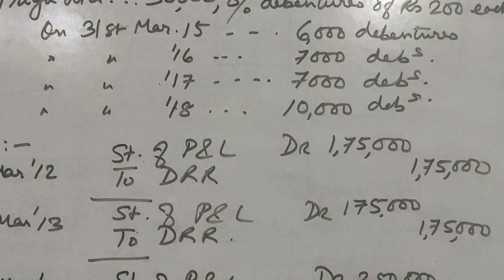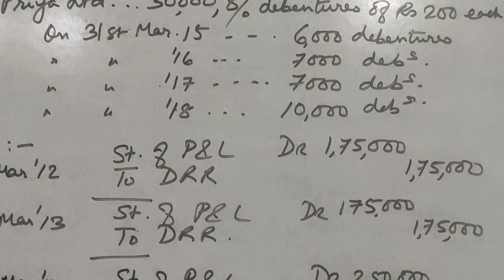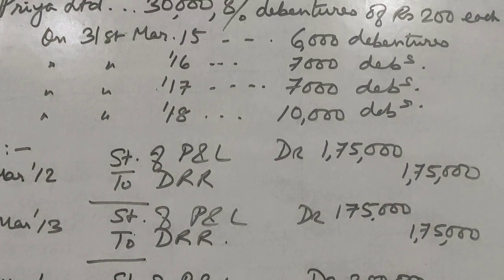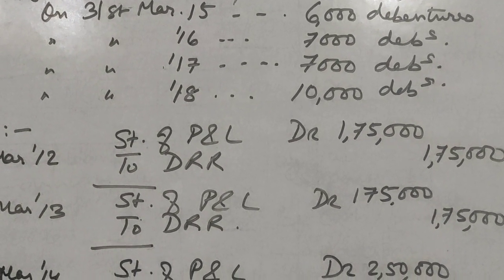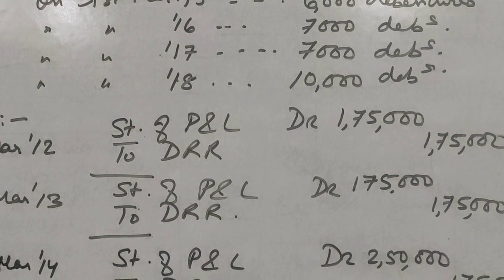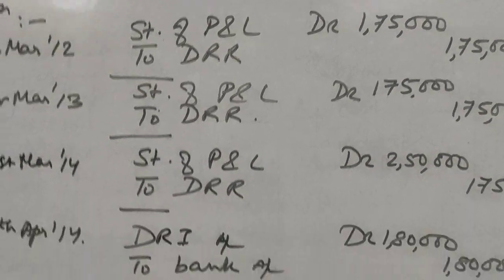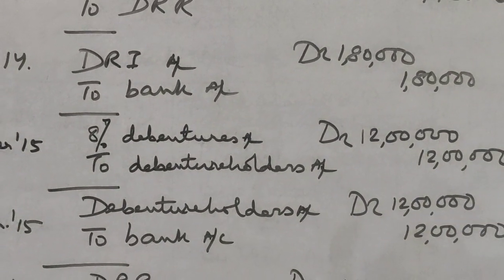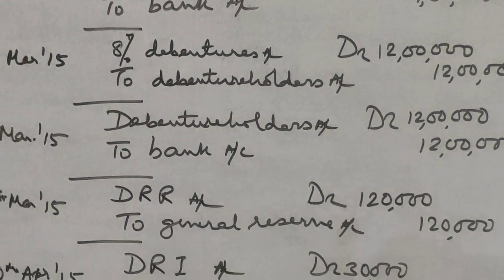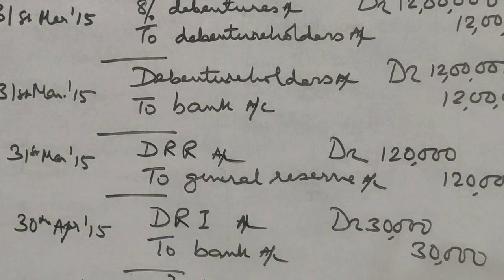We have to have investment of 15% of that, which is 2,10,000. Now we already have investment of 1,80,000. So we have to make another investment of 30,000 on 30th April 2015.